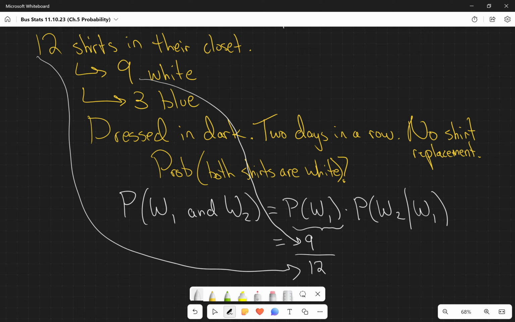But now we have to think about what is the probability of picking a white shirt the second day if I already took a white shirt out of the closet and I didn't replace it. If I chose a white shirt before, then that's going to be 9 white shirts minus the 1 white shirt that I chose that first day. We're going to have a possibility of 8 shirts.